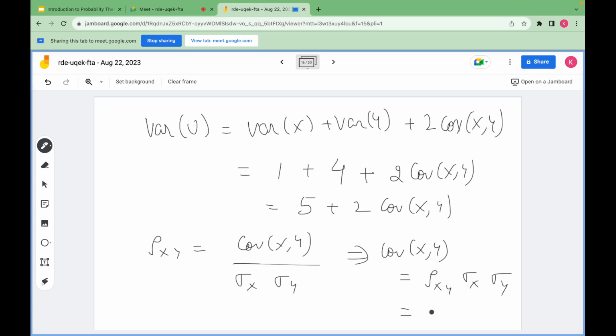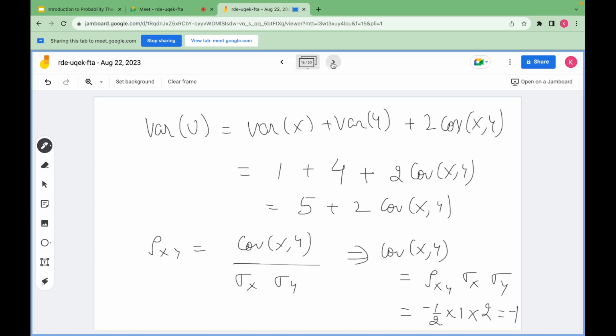This is given as minus 1 by 2, sigma x is 1 and sigma y is 2, because sigma y square is given as 4. So this comes out to be minus 1.